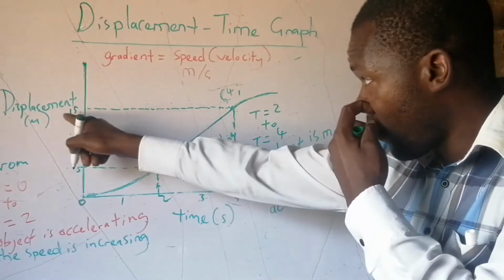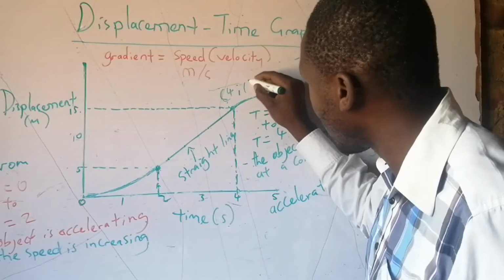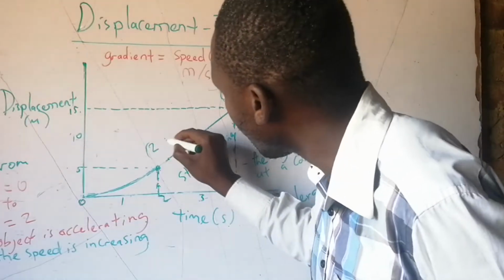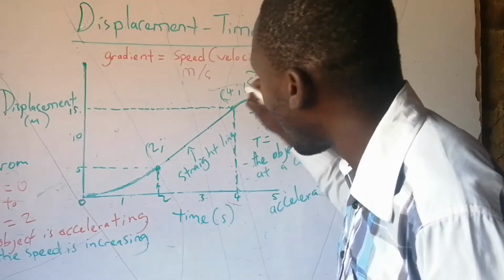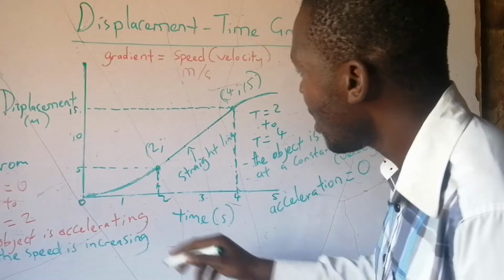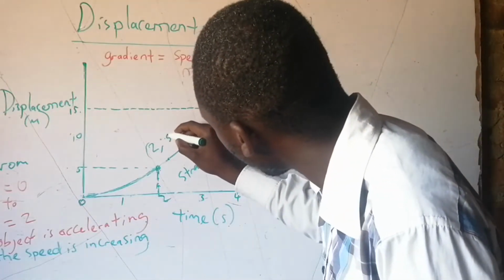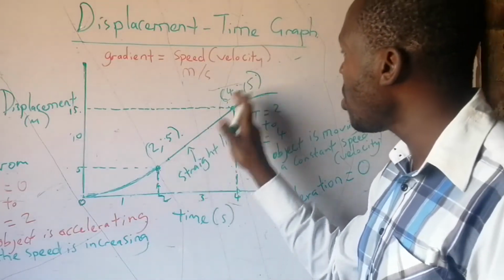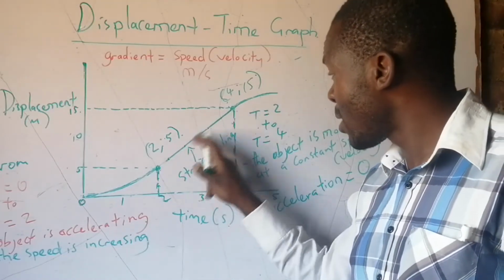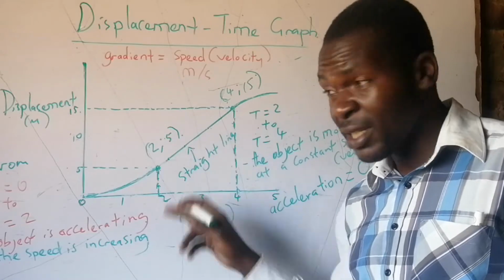What is the value of displacement? It is 15. At this point, what is the value of t? It is 2. What is the value of displacement? The value of displacement is 5. So we can use these values to find the speed in this time interval.